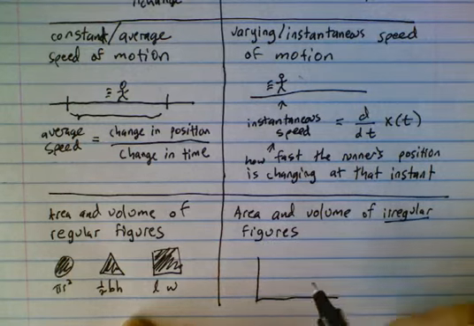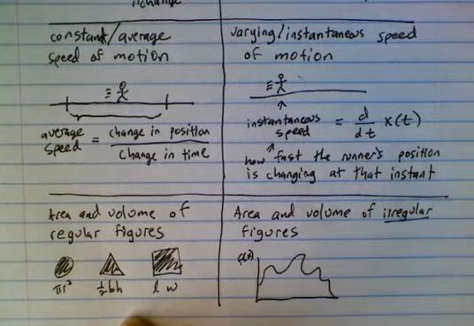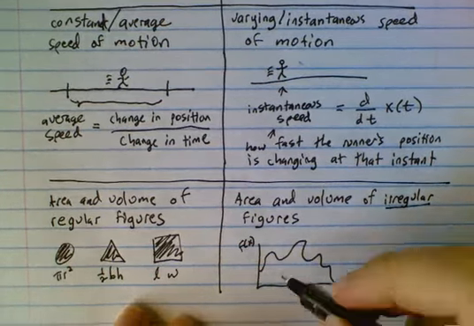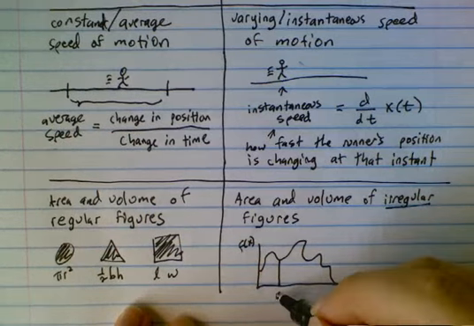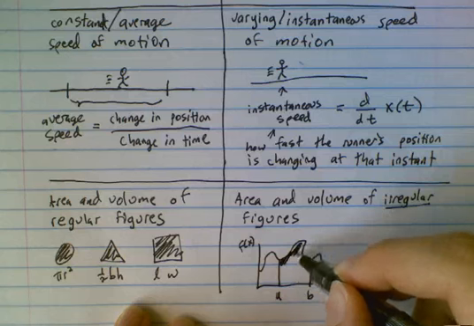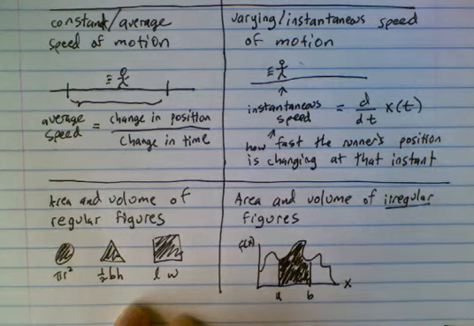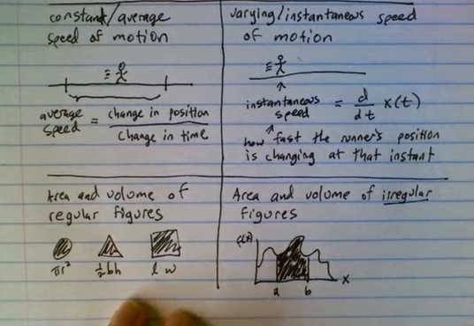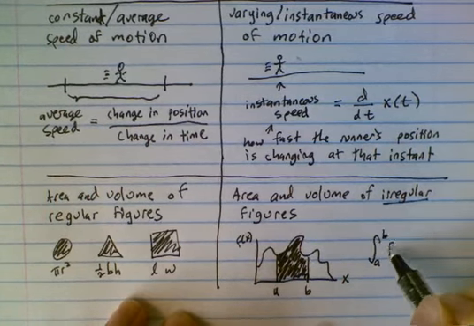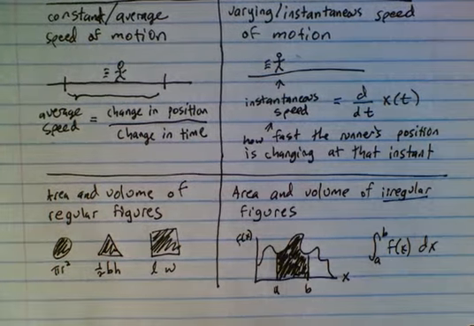So for example, let's say we've got this really weird shape and we've got some function for it, f of x, and this is x, and we want to find the area under this shape from A to B. Calculus permits us to find this weirdo funky area using something called the integral. And there will be more on this notation coming later.